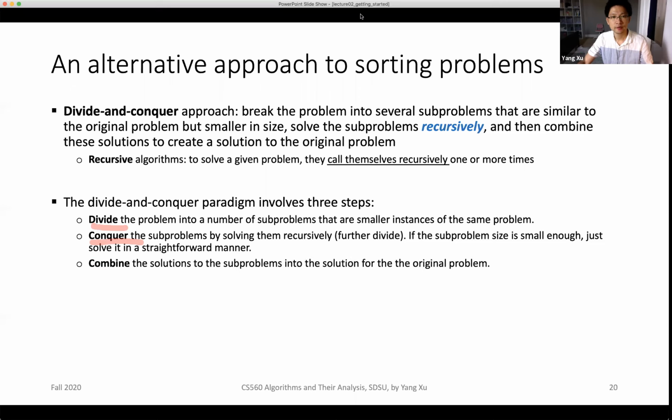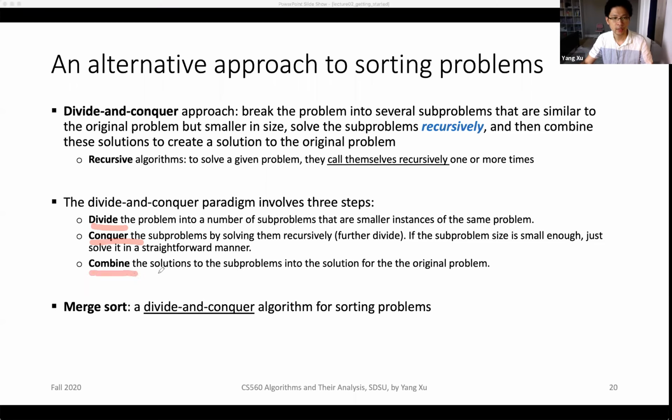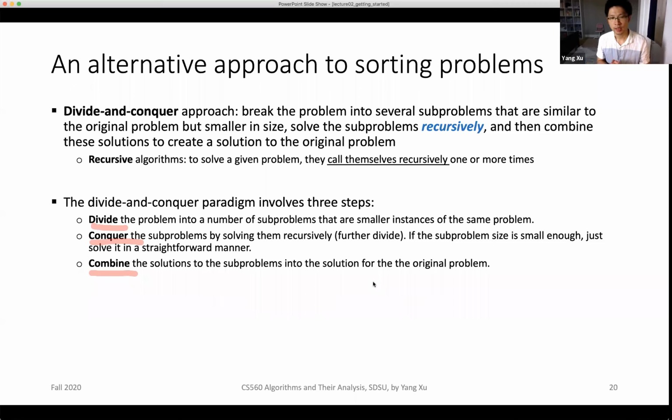And the third step is the combine step. After we obtain all the solutions to the sub-problems, we simply combine them, and those solutions together will solve the original problem.